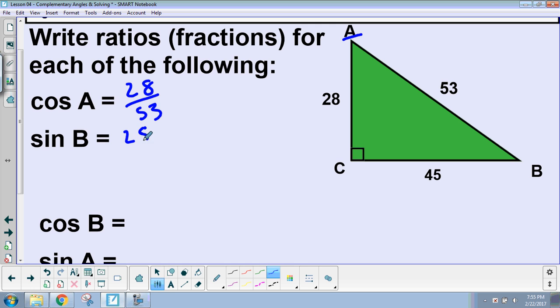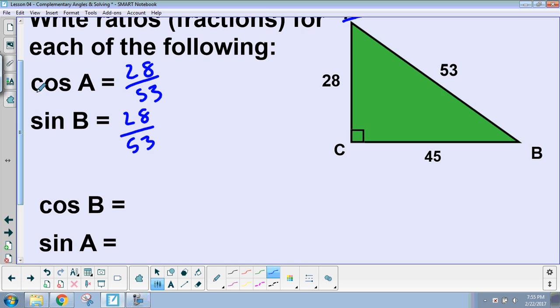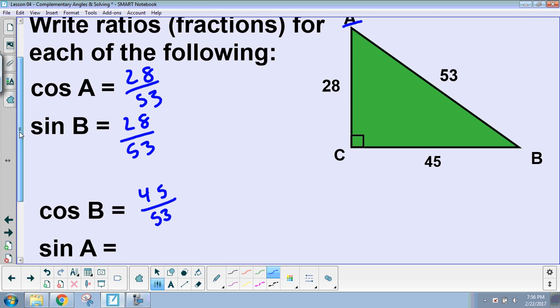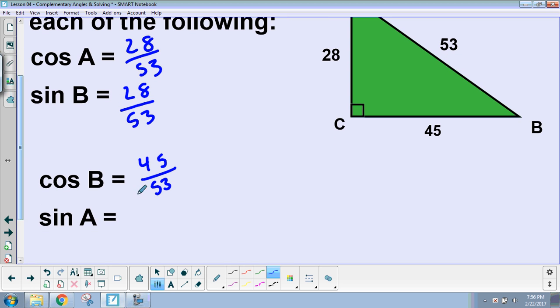They're going to be the same because these are complementary angles. Cosine B, the adjacent side is 45, over the hypotenuse, which is 53. Sine A, that was up here, opposite, which is 45, and 53 is the hypotenuse. Notice the hypotenuse will never change names because it's always across from the 90 degrees.